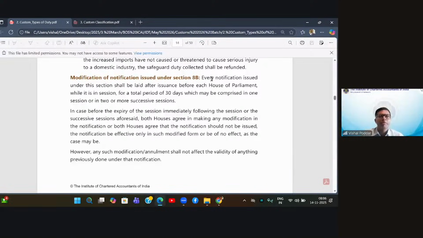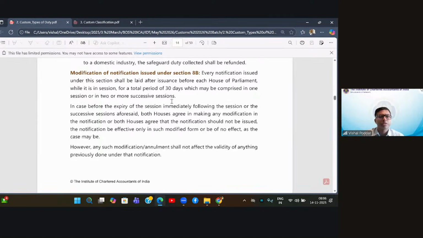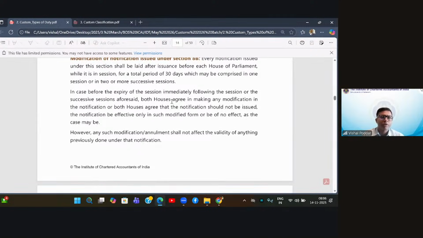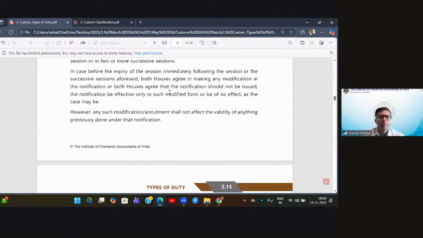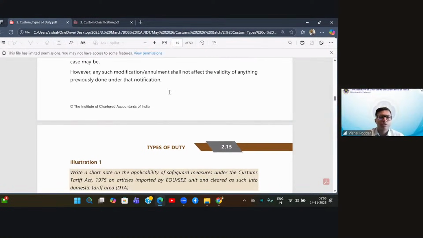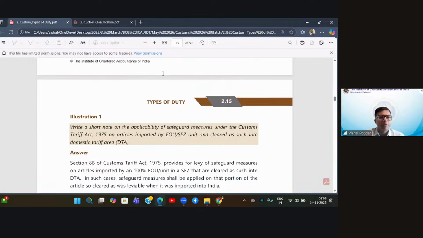So the government may have imposed these duties, but they would be finally accepted or rejected by the parliament. For a total period of 30 days, which may comprise one session or two or more successive sessions, this particular notification will be placed before the parliament, and the parliament has to decide whether it should continue, whether any modification is required, or whether it should be completely annulled.